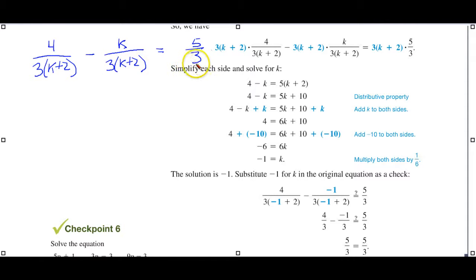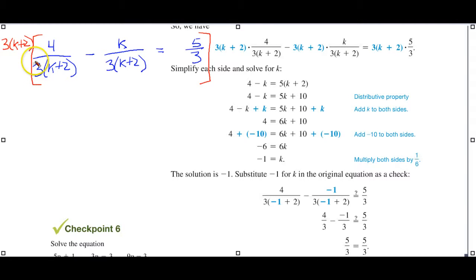Well, we're going to need a 3, and we're going to need a k plus 2. So another way to do that is just to put a big set of brackets like that and put your lowest common denominator out here. Now you could put it by each term if you want, but this is another way. They're showing you that way.